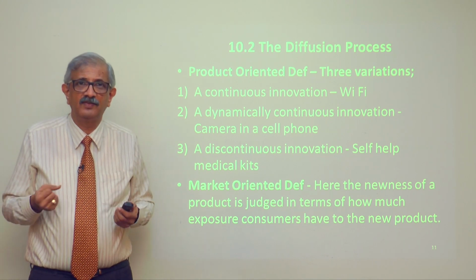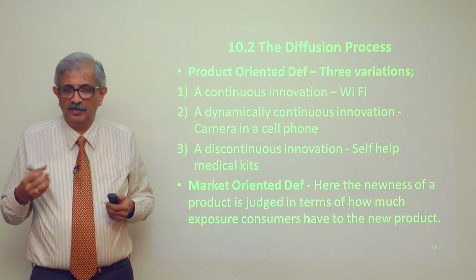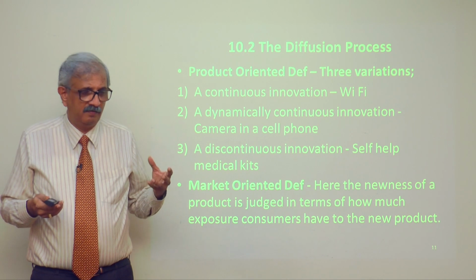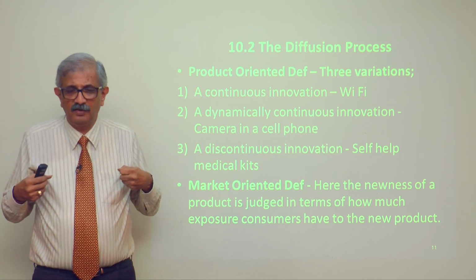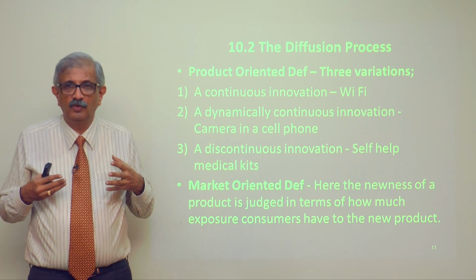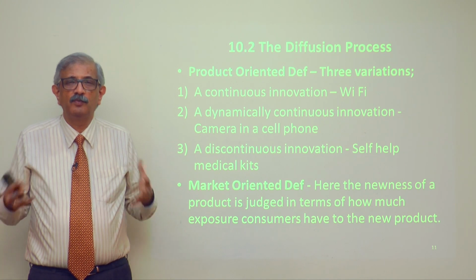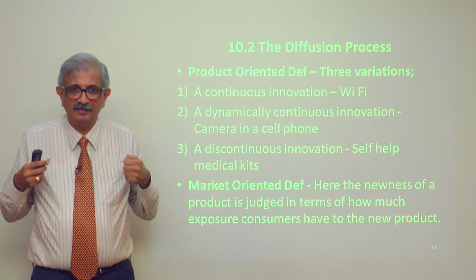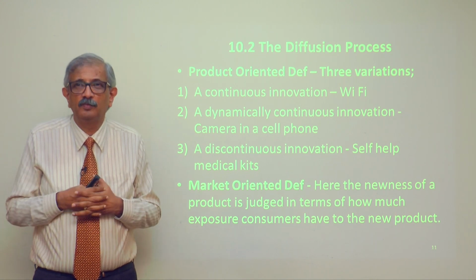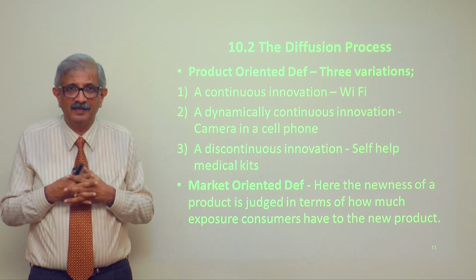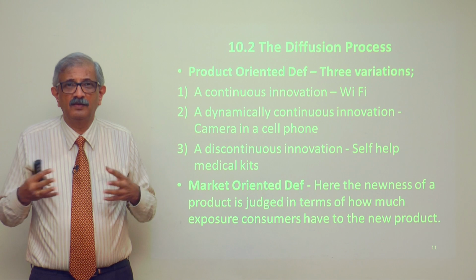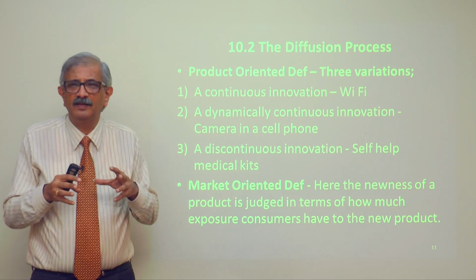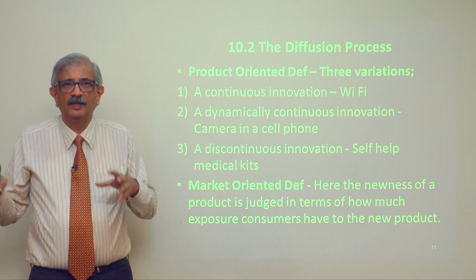Self-help medical kits are discontinuous innovations, wherein the heart and respiratory tool is supposed to be put into societies or critical areas where you can have quick access and give an electric shock to a person facing a cardiac arrest, etc. So that's the discontinuous innovation. After that, nothing much has happened on that front.